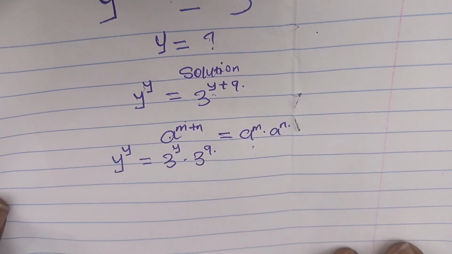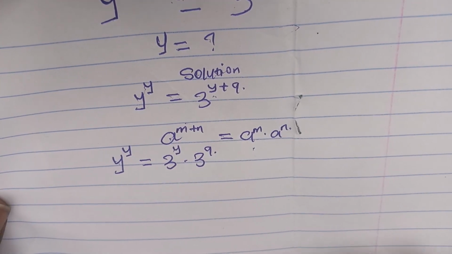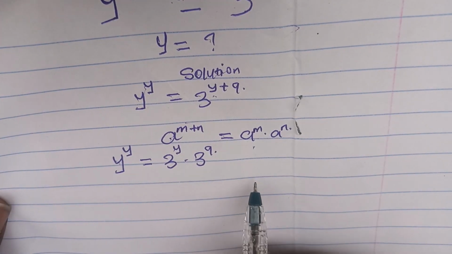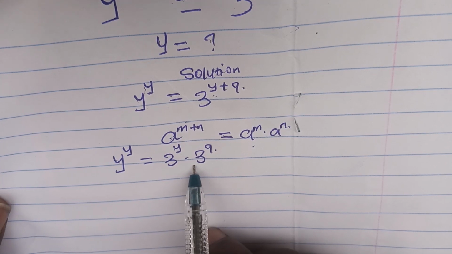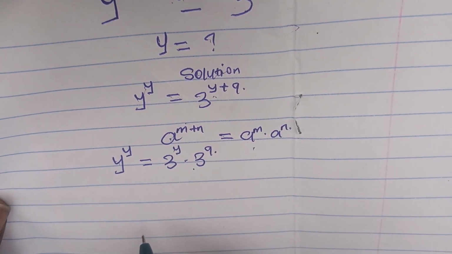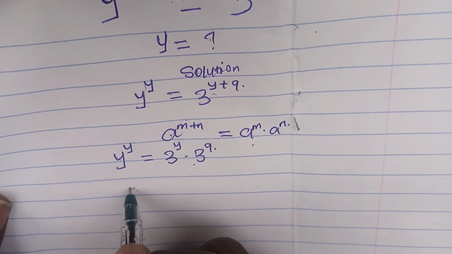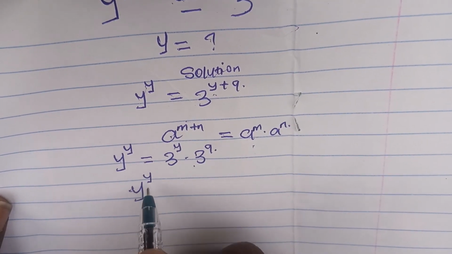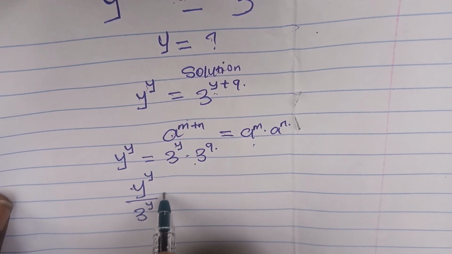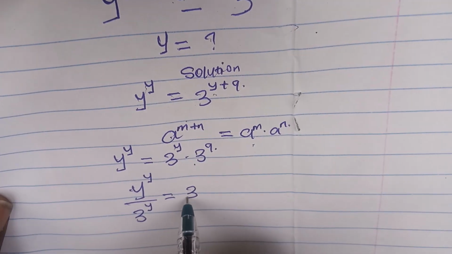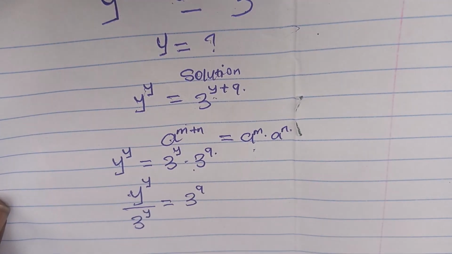What is the next thing we can do? We divide both sides of the equation by 3 to the power of y. We have y to the power of y over 3 to the power of y equals 3 to the power of 9.